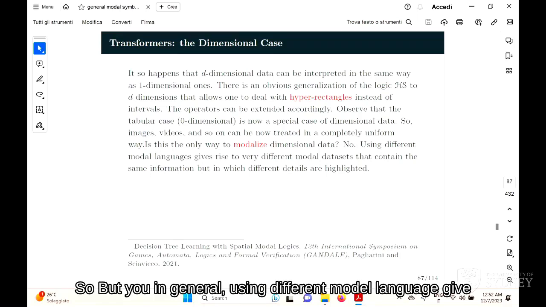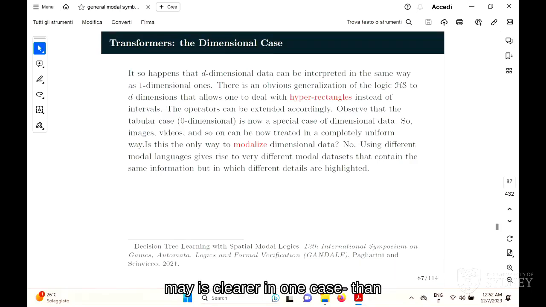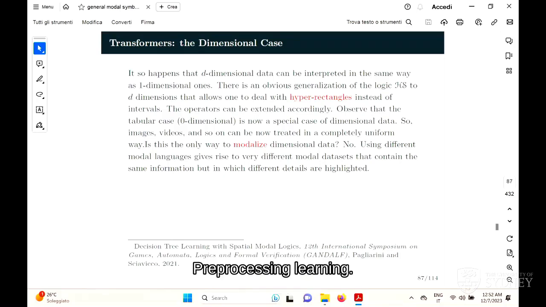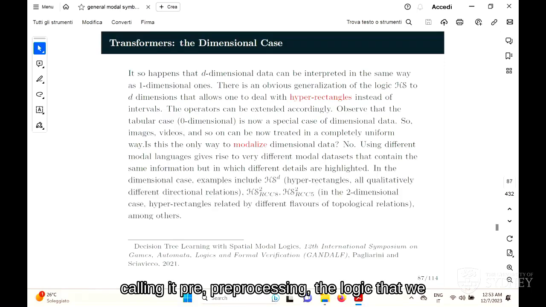In general, using different modal languages gives rise to different modal data sets, and probably the information is clearer in one case than in another. This is part of the pre-process. We all do pre-processing in learning, so this is just another way of calling pre-processing.